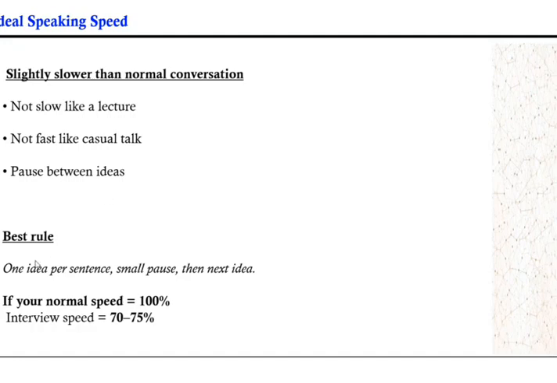The best rule is one idea per sentence, a small pause, then the next idea. If your normal speed is 100%, then your interview speed should be between 70 and 75%. This is a golden rule for the ideal speaking speed.